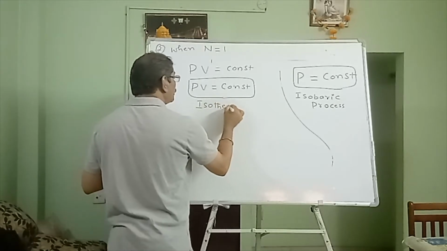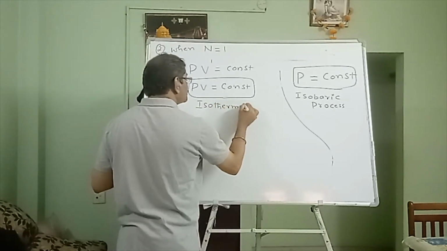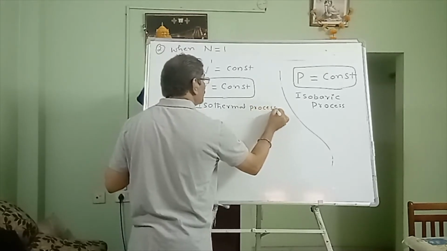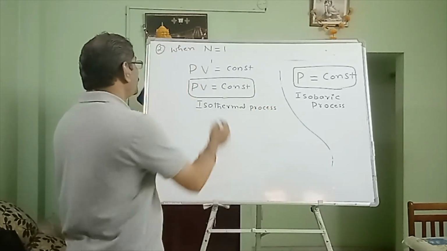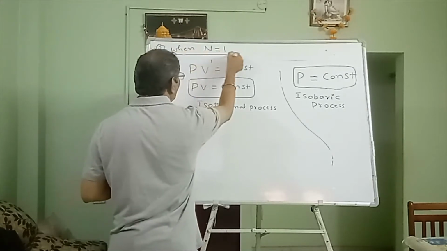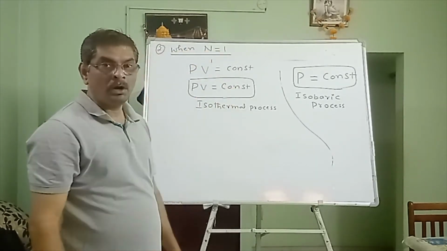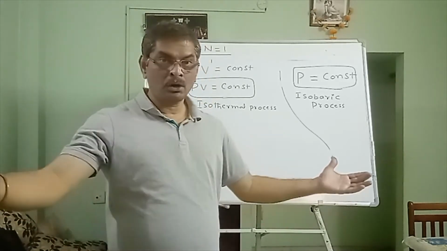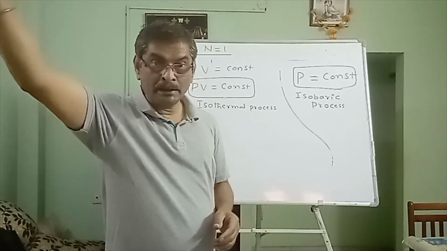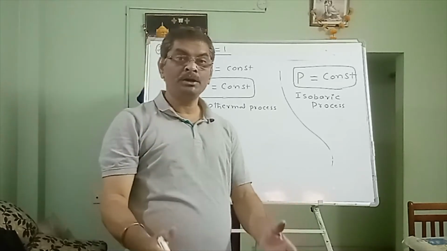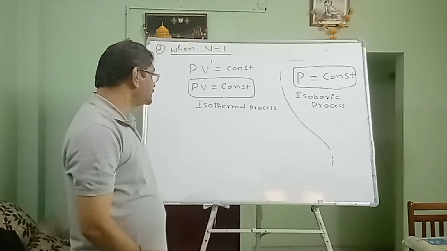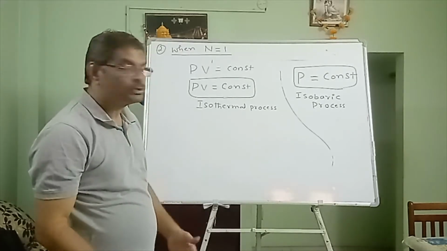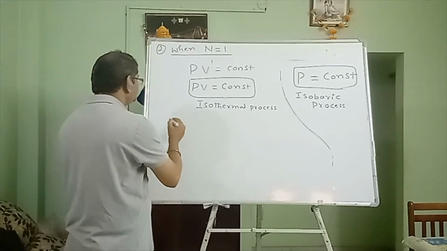When I put N equal to 1, I get PV equal to constant, meaning the temperature remains constant. That is the reason it is called the isothermal process.